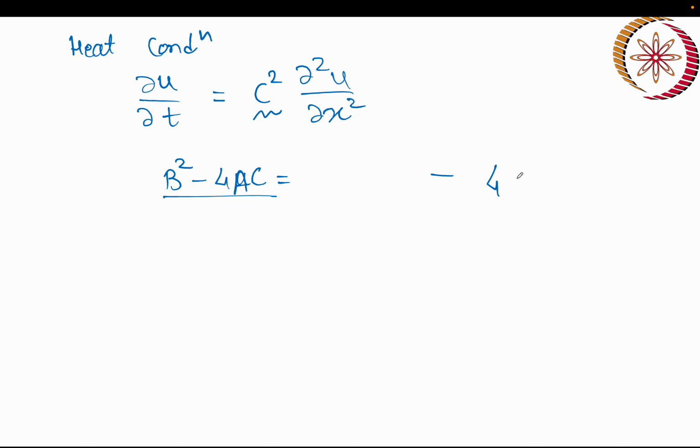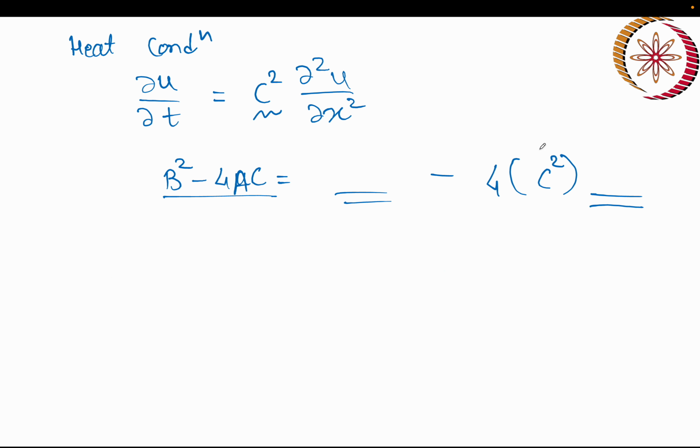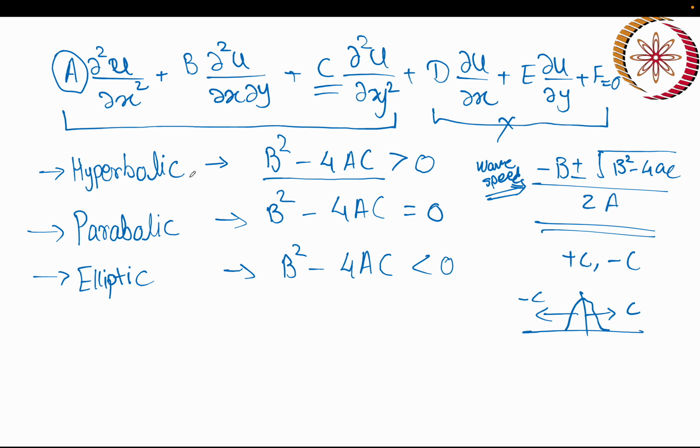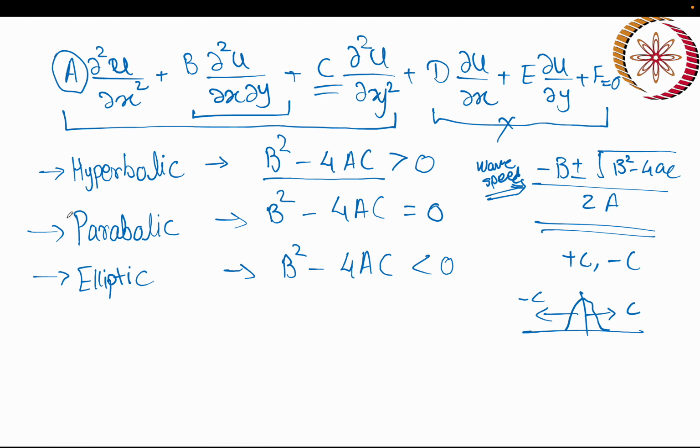Let's say 4 into this c² , and c corresponds to the coefficient of the second derivative with respect to y, and there is no such term, so it is nothing but 0. And b corresponds to the partial derivative with respect to x and y, so that term is also absent in this equation, so that is also 0. So you can see this whole term is 0, so that corresponds to a parabolic equation.